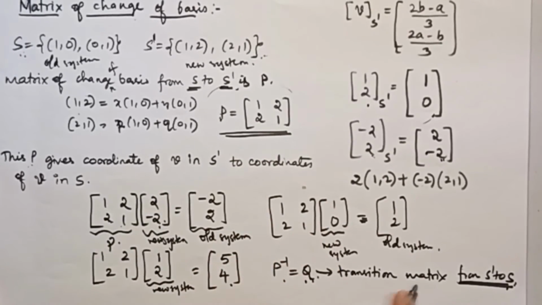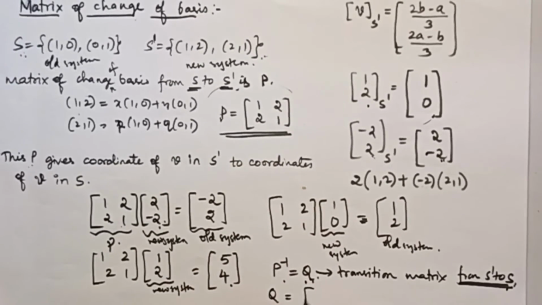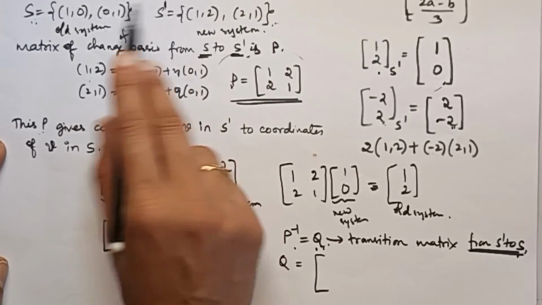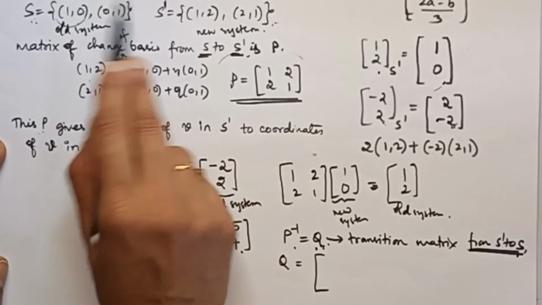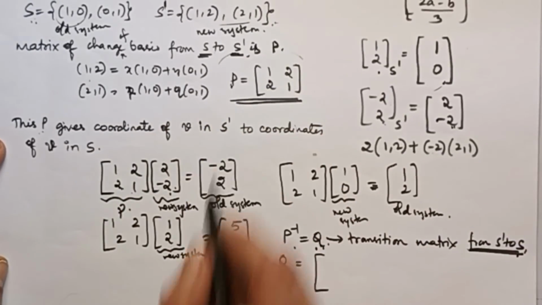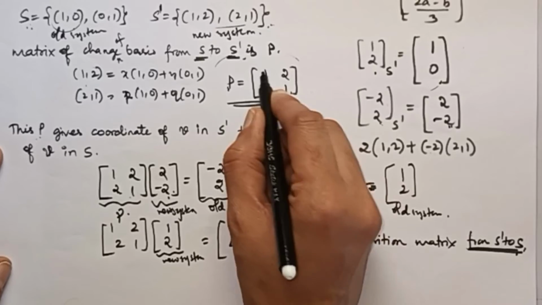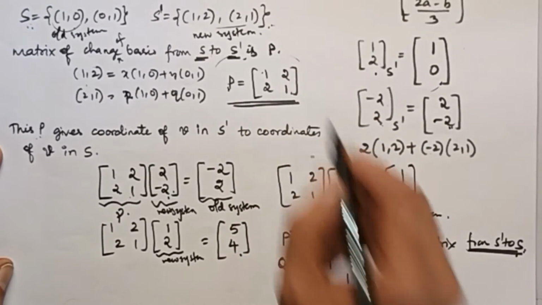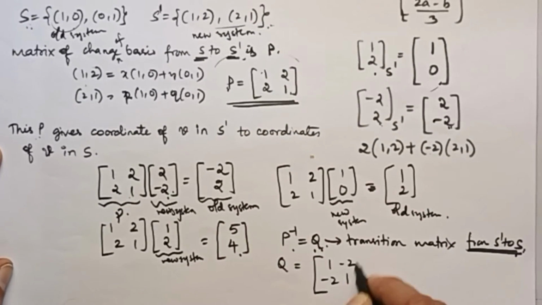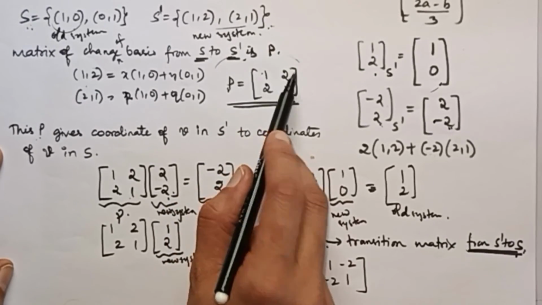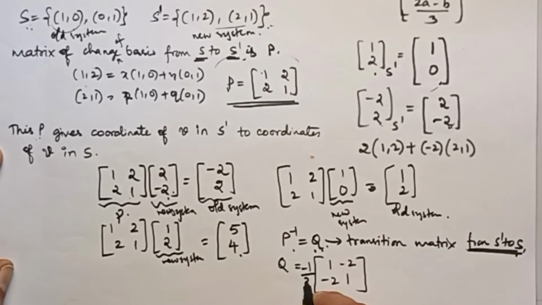So if you want to find Q, you have to write every vector of this as a linear combination of this, which is nothing but finding the inverse of P. How to find the inverse of P? Change these diagonal elements, change the sign of these two elements, then divide by the determinant, 1 minus 4, so minus 1 by 3.